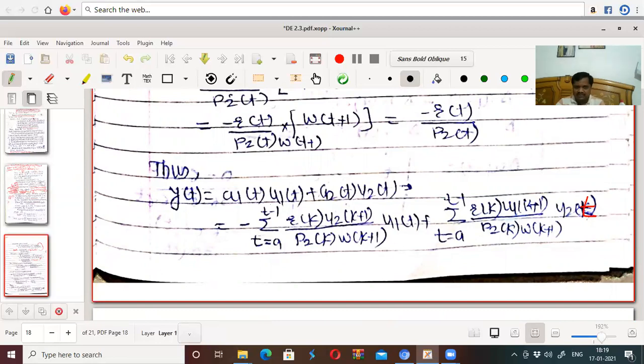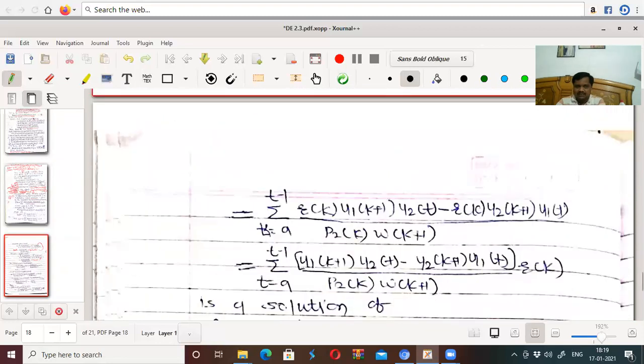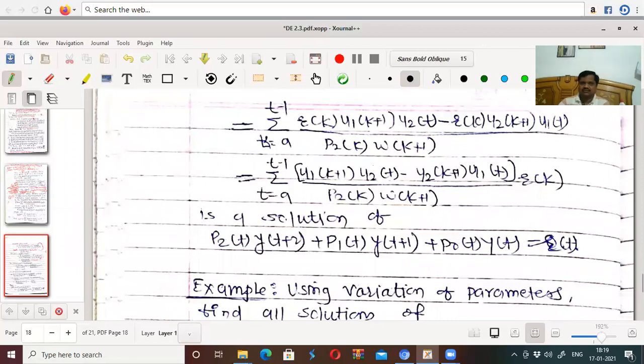Just multiply the first term by u1t and the second term by u2t, you will get this term. After simplification, as the denominator is the same, there is a summation, the second term taken first and the first term taken second, you will get this whole term. And rk is common in the numerator.